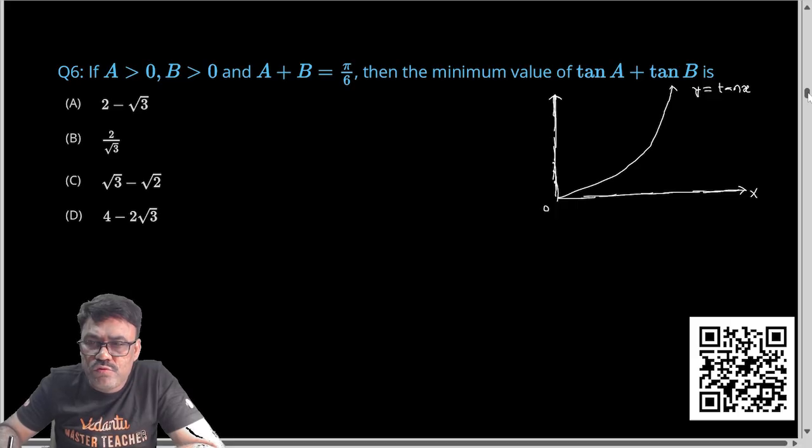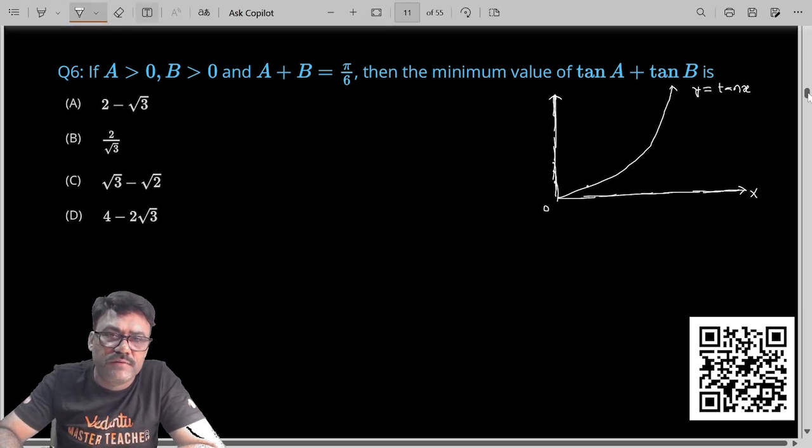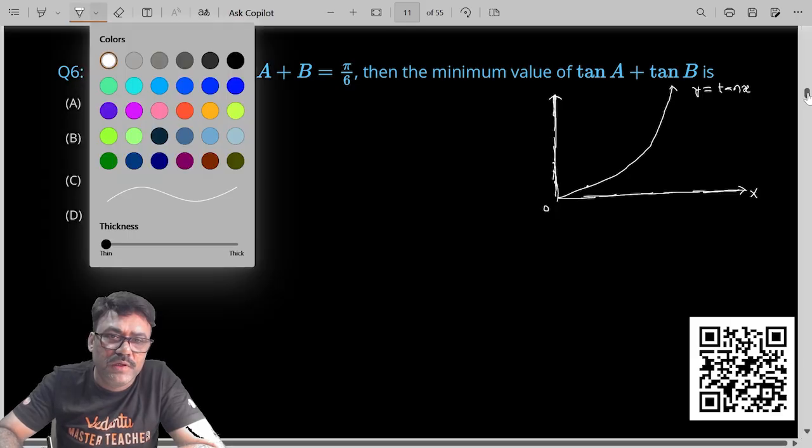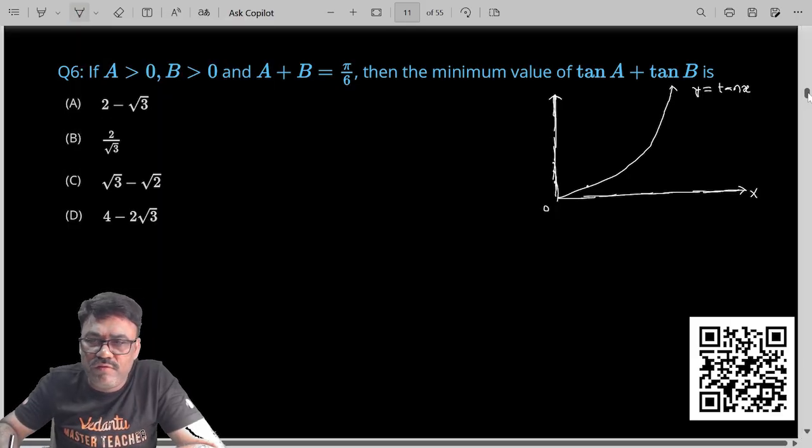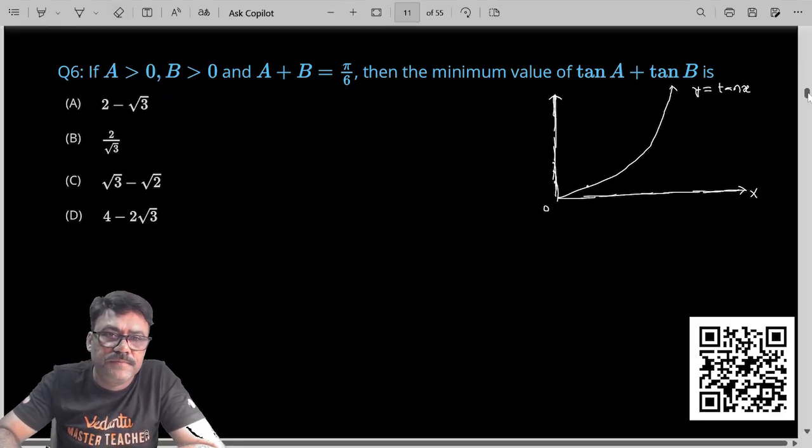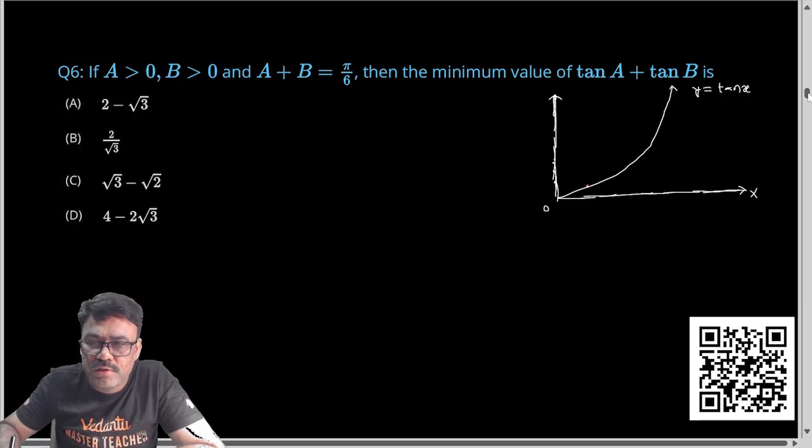Now if I choose 2 points here, one point I'm taking as a comma tan a. Let's say this point is a comma tan a here. I'm taking another point here, b comma tan b.